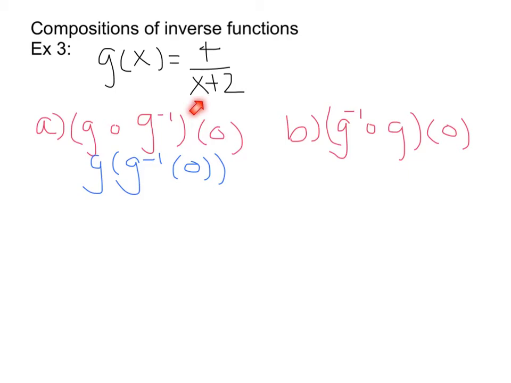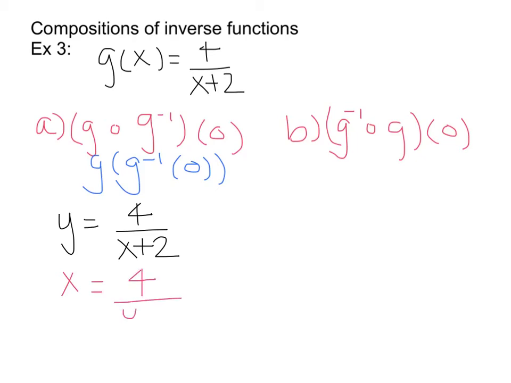So change g of x to y. And then we need to switch x and y. And then we need to solve for y. Remember, there's an invisible 1 over the x, and we just need to cross multiply, okay? So 1 times 4 is 4, and then we have x times y plus 2.